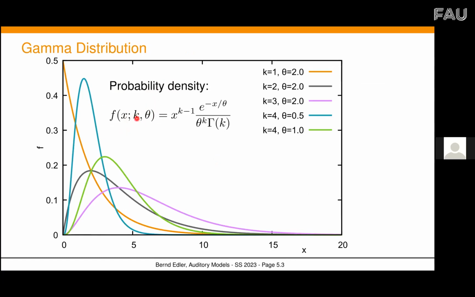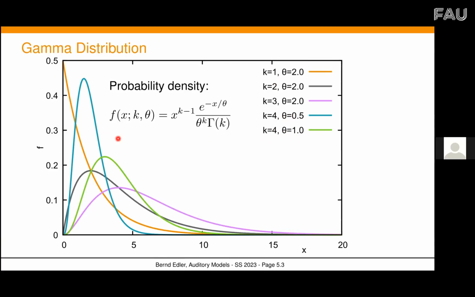By the order and the variance, you can specify the gamma distribution. I plotted here different distributions for different parameters: orders 1, 2, 3, 4, again 4, and then two different variances.